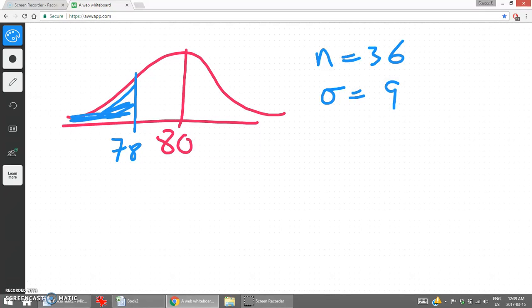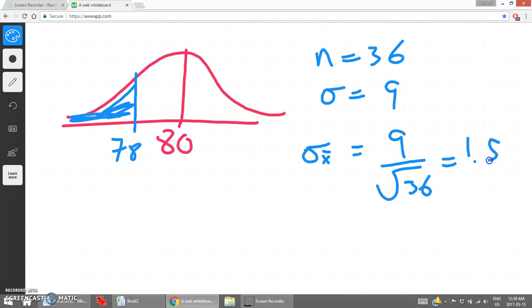One of the first things you'll have to calculate is the standard error. Standard error uses that combined symbol, the standard deviation of the sample mean. Just remember that the name is the standard deviation of the sample means, aka standard error, which is the population standard deviation divided by the square root of our sample size. So this works out to be 1.5.